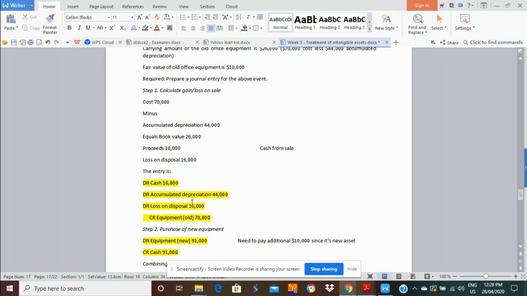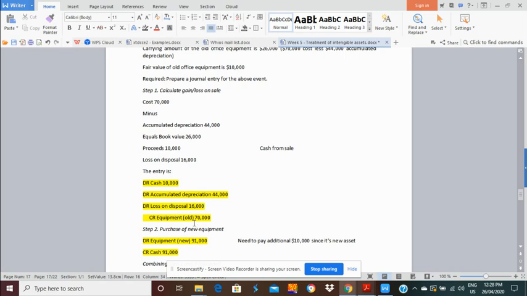So the entry here would be: you get cash 10,000, you remove accumulated depreciation of 44,000, you recognize the loss as if it is expense 16,000, the difference between book value and proceeds, and you remove the old asset from your asset register 70,000. So this is your entry.